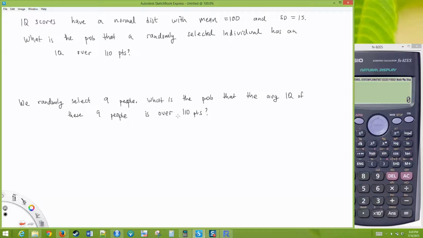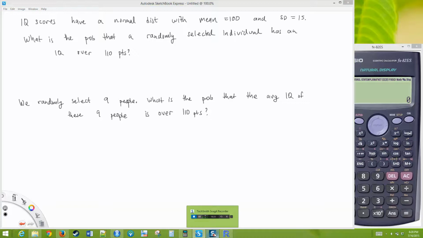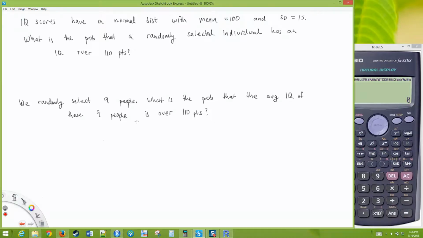Take a few minutes to see if you can figure this out, and we'll go over our answers. I know some of you are still working, but I think you got to a point where I can go over the answers and it will be okay.